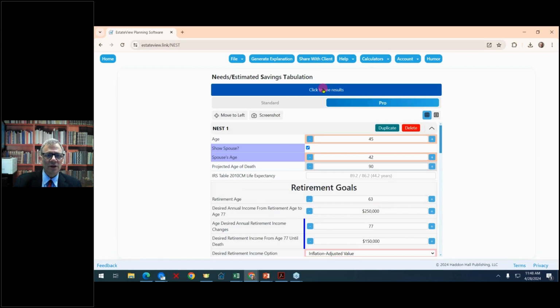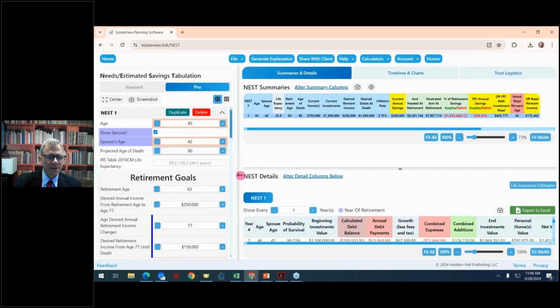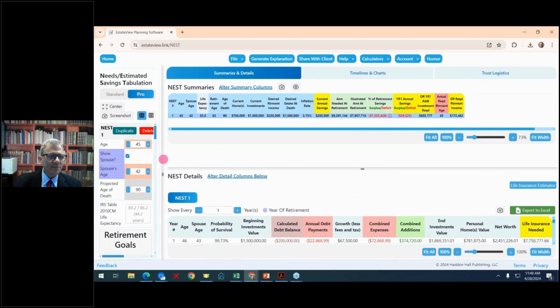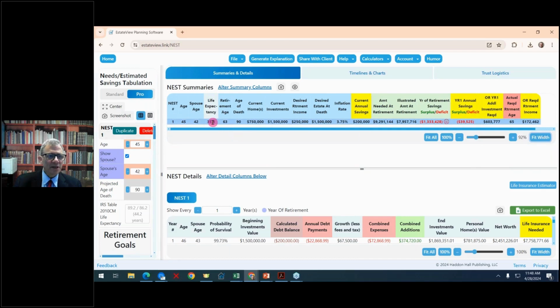I click on See Results, and what I have now is the same type of display across the top. It also tells me life expectancy, which it did not before. And I have a little deficit of $40,000 a year, or a total deficit of $1.3 million, or has to work a little bit longer.